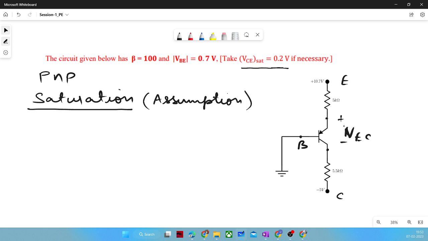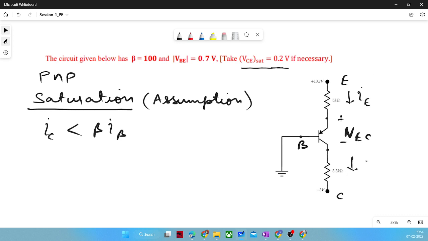If this is the assumption, we can safely take VEC equal to 0.2. If VEC is 0.2, we can compute IC. And when will I get to know that this switch is working in saturation? When IC is less than beta IB. Then we can say that this device is working as a switch in saturation mode. Sorry, this is IE.